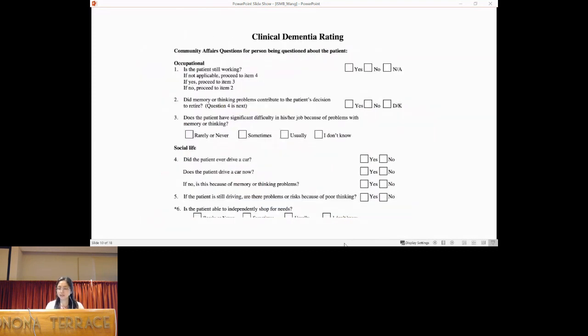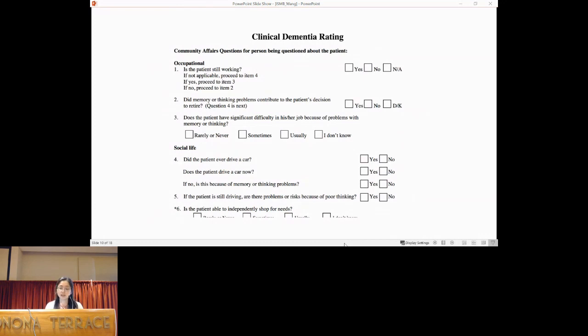This is the other part of the Clinical Dementia Rating. For the occupational questions, we can see: is the patient still working? If not applicable, you can proceed to the other questions. Did memory or thinking problems contribute to the patient's decision to retire? Does the patient have significant difficulty in his or her job because of problems with memory or thinking?